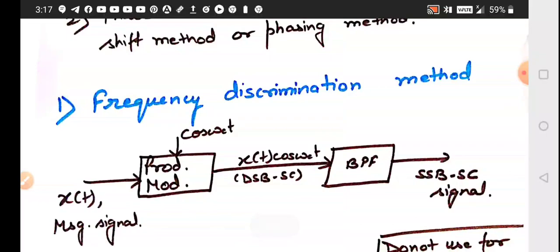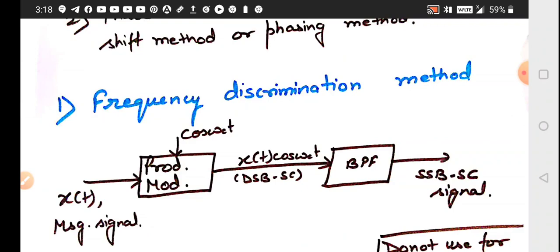In this method, we first generate a double sideband suppressed carrier signal by using a product modulator. After this, the double sideband suppressed carrier signal is passed through a band pass filter. Why?